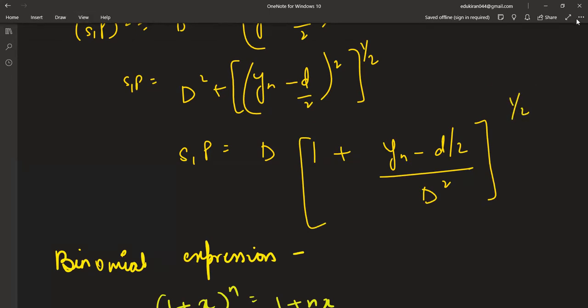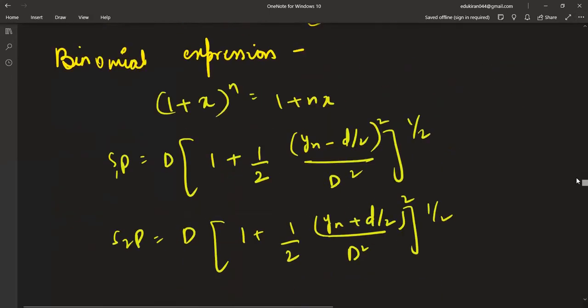Now if you apply binomial expression, we write it as 1 plus x to the power n, which is equal to 1 plus nx. So power here is half. Half will get multiplied over here, right? Power is half, so 1 plus, this is our equation.